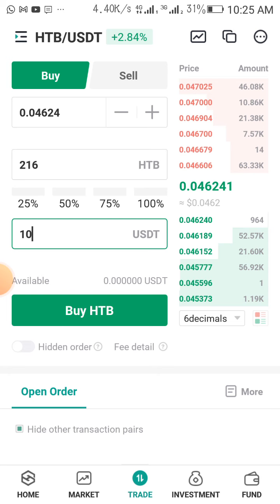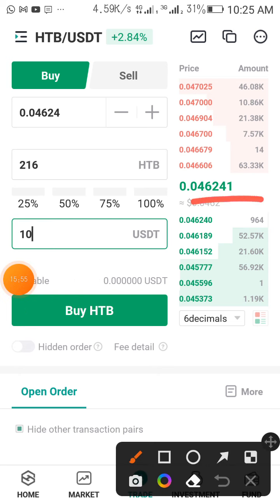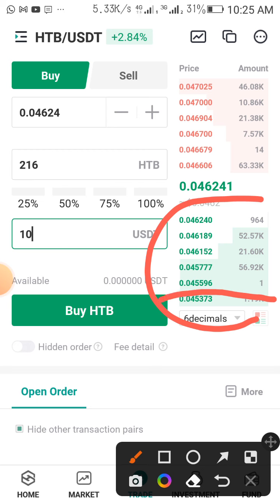So what I will just do is, these are my fellow buyers also. If I set my rate to be around this person, that means I'll wait for these other ones' orders to be filled before it will get to my turn.